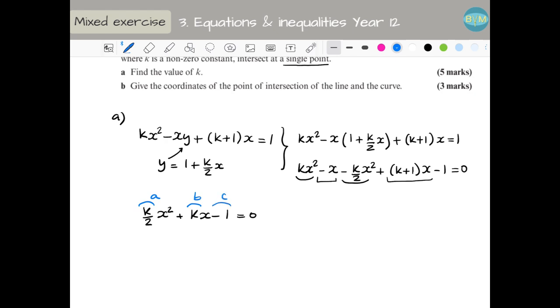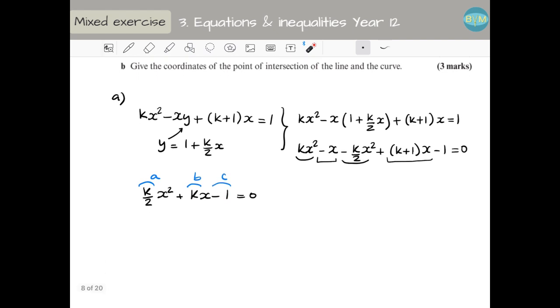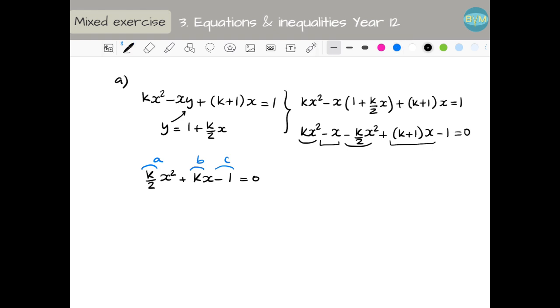So to make this quadratic have one solution, to intersect at one single point, means that this quadratic has only one real solution, so the discriminant must be equal to 0. The discriminant is going to be 0, which means b squared is k squared minus 4 times a times c.